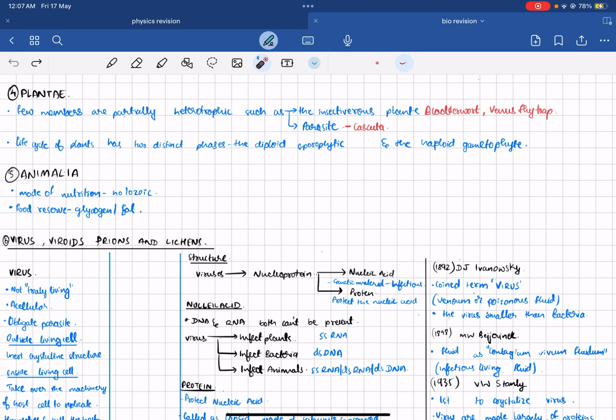The Plantae kingdom has two phases: diploid sporophyte and haploid gametophyte. Haploid produces gametes, so haploid gametophyte, diploid sporophyte. In Animalia, we have to remember two things generally. Mode of nutrition is holozoic, and food is reserved as glycogen or fat.